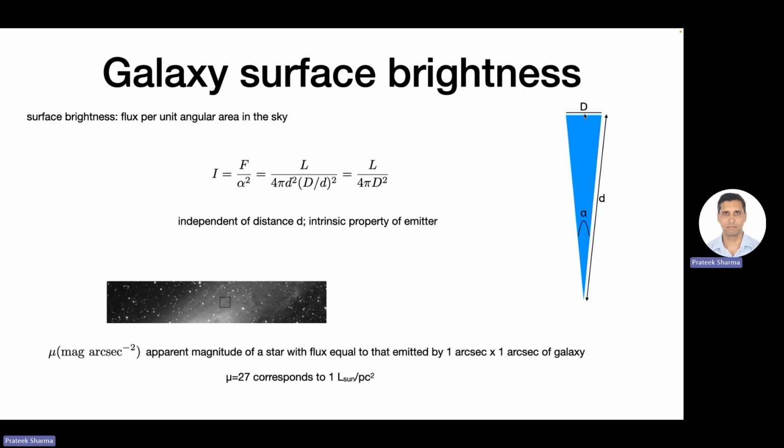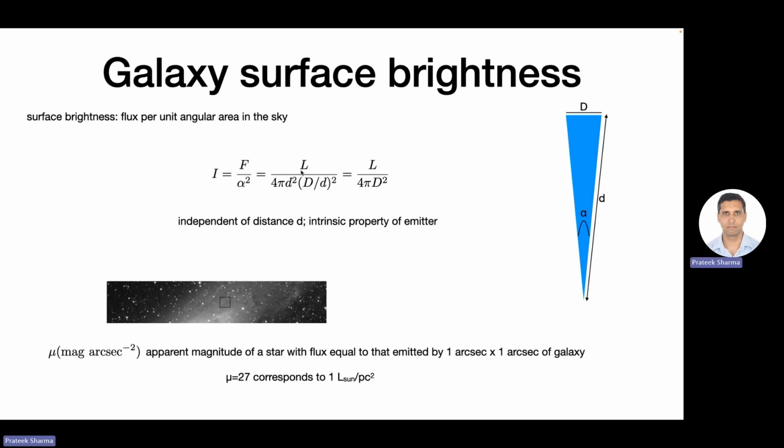So you have an object here of size D. You can imagine this as a square of D by D, right? You have an object of size D, which is at a distance of small d, and it subtends a very small angle alpha. This is the definition of surface brightness, flux per unit angular area. So what is flux?